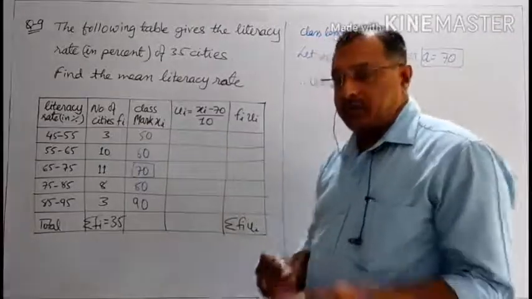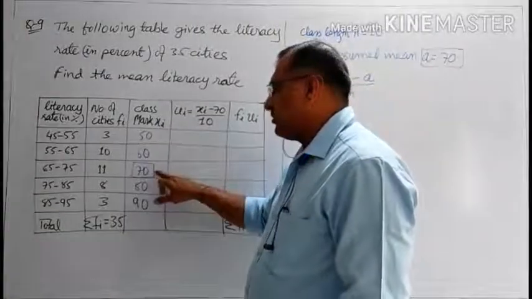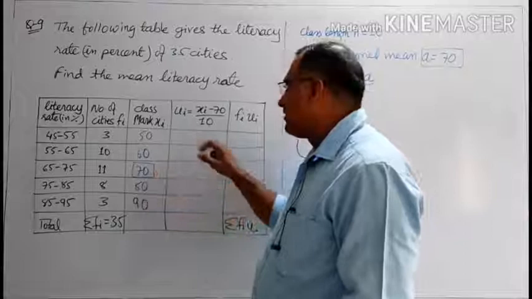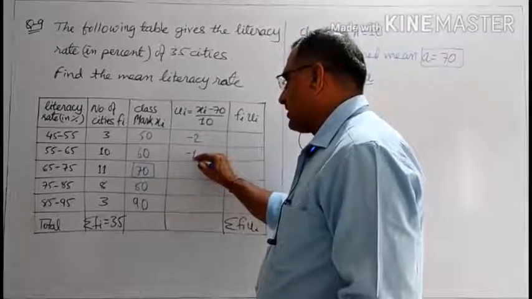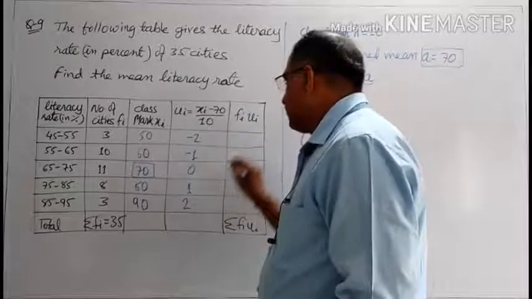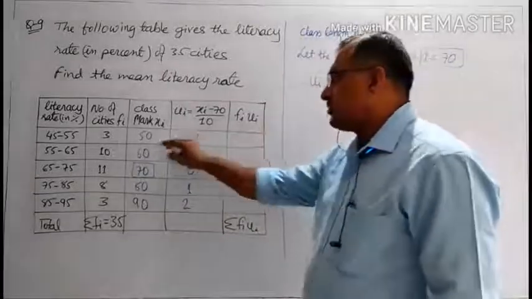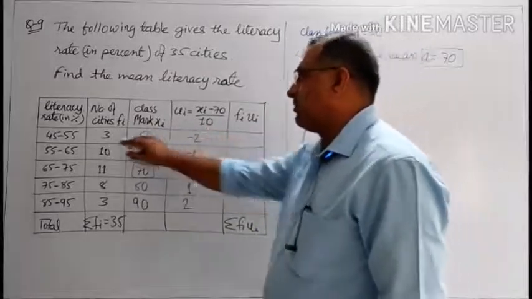For step deviation, each observation minus assumed mean, that is negative 20, divided by 10, so we will get negative 2. Similarly, as it is equal class length, we will get negative 1, 0, 1 and 2. Now we can go for fi ui, the product of frequency multiplied by ui, the step deviation.